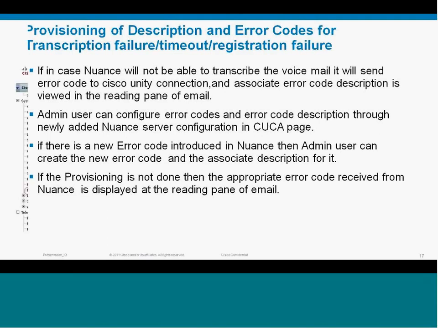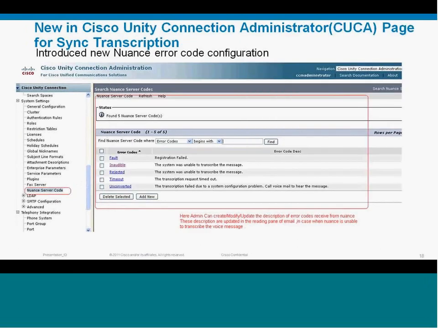So moving on to the next slide, that will describe the CUCA changes for the new Nuance server code configuration. Here we can see that a new field is added, Nuance server code, in which we can configure the error codes as well as error code descriptors. We can see error codes like fault, inaudible, rejected, timeout and unconverted, and the corresponding descriptor is there.